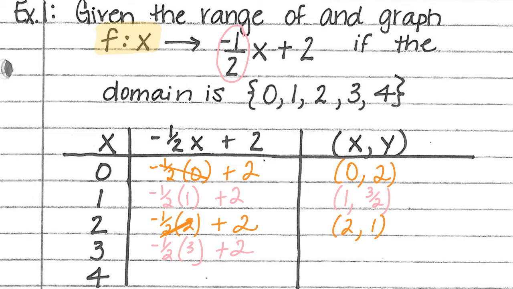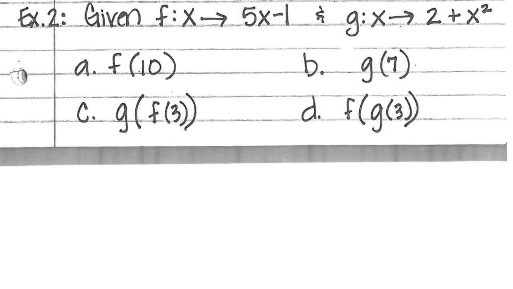So if I have -3/2 plus 2, that's going to give me 1/2. And the last one, -1/2 of 4 plus 2. Well, these cancel out to be 2. -1 times 2 is -2. Plus 2 is 0.